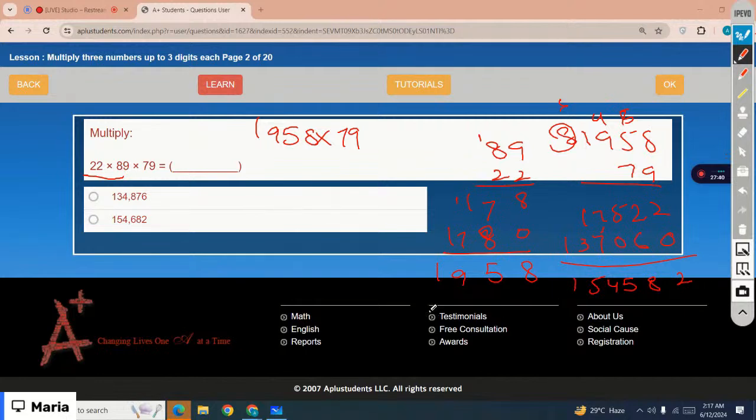The correct option is, that is 6, sorry, not 5. That is 154,682. It is the correct option. Option number 2 is the correct option. Got it?